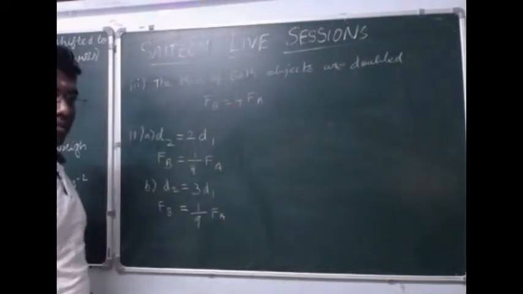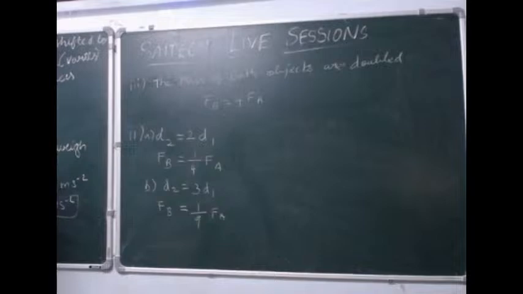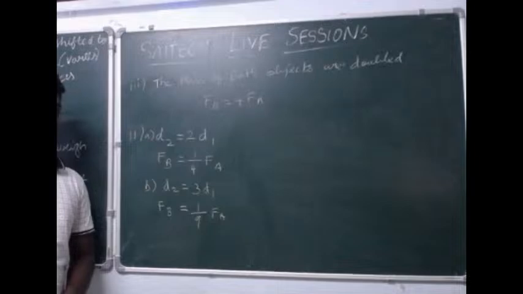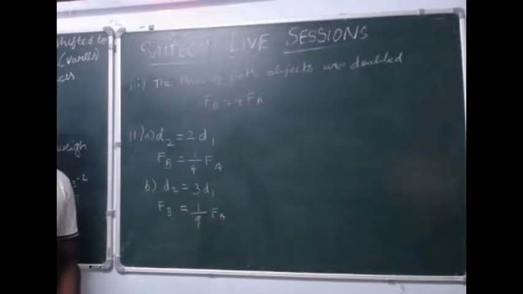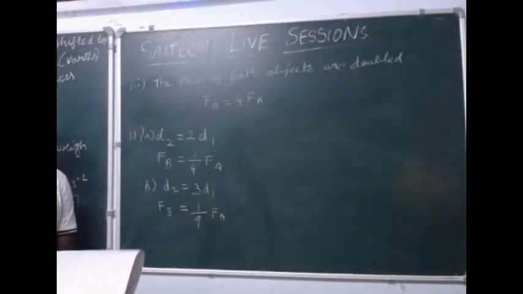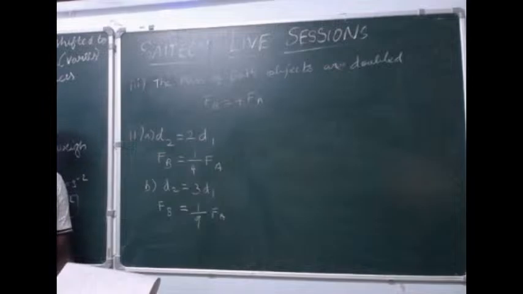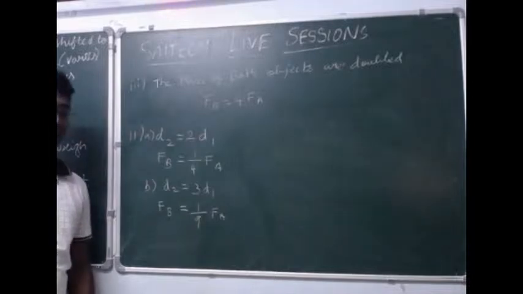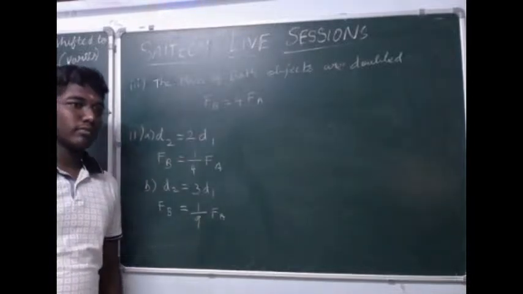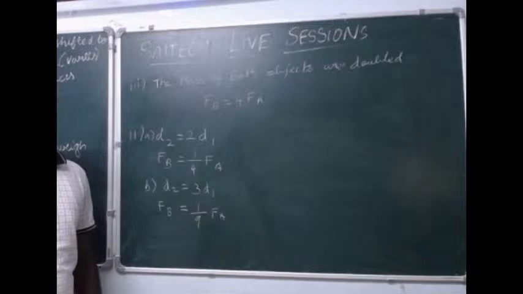Okay? That's all. Good. And what is another important concept you have understood today? We talked about the latitude. The acceleration due to gravity, that is g, is not constant. It varies from place to place. Since it varies from place to place, weight also varies, but mass remains constant. Okay. So what about the weight at the pole?